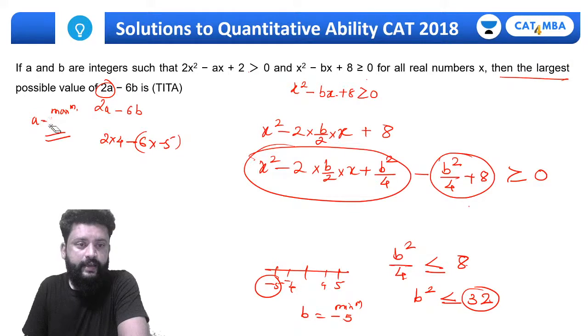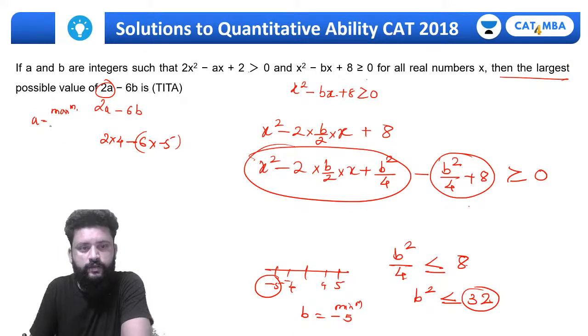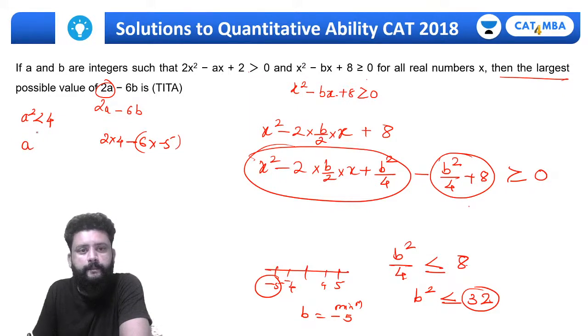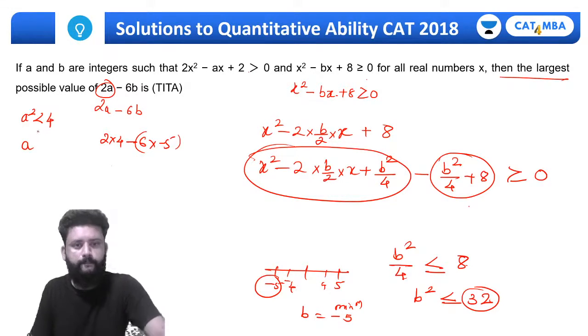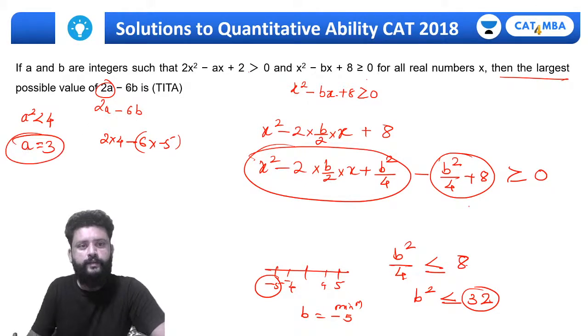Sorry, a cannot be 4. Initially we got a square must be less than 4, so a can be... these are integers, so it cannot be 4.